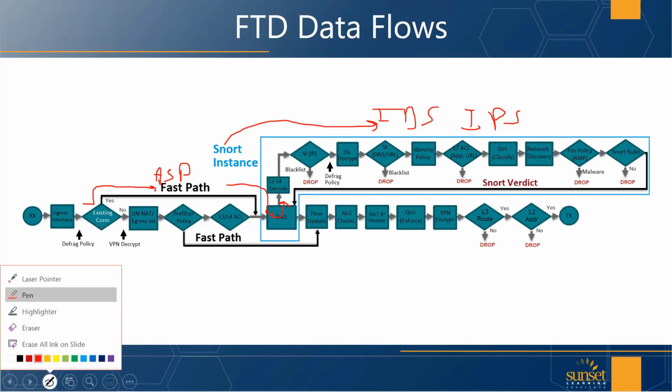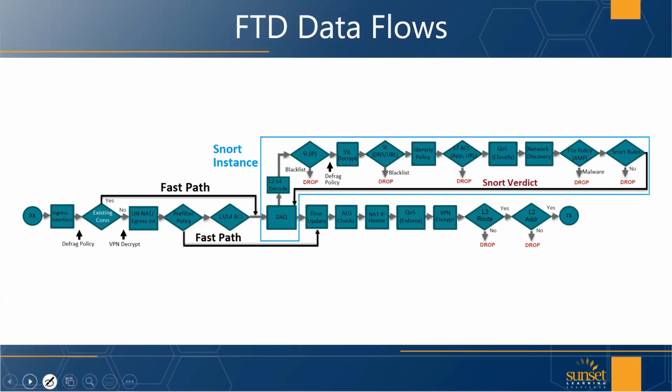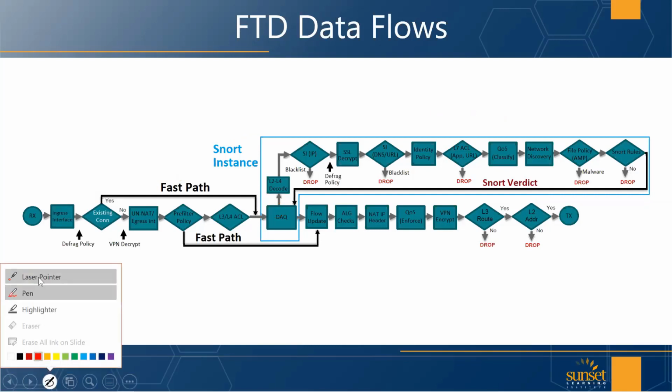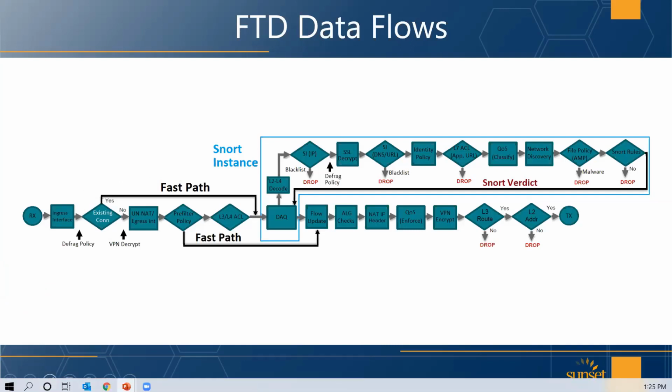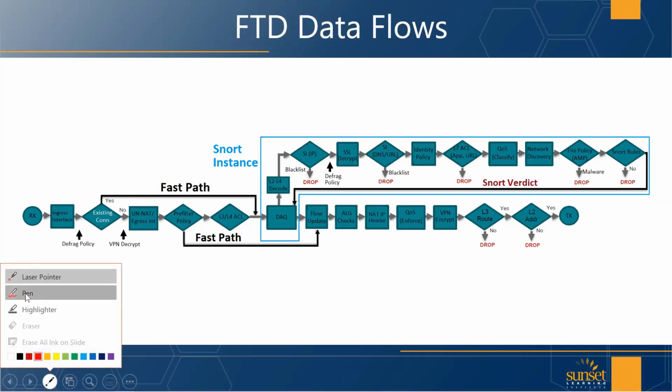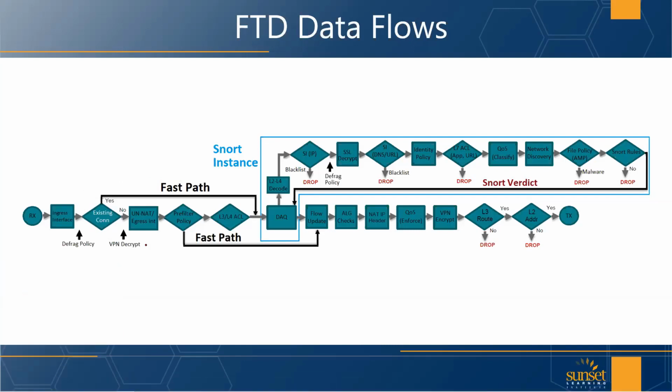Now, if we are fast pathing the traffic, what we do with fast path is we say it comes in the pre-filter, existing connection, no. Then maybe from a certain IP address, we say fast path. What the fast path here does is it actually bypasses SNORT completely, and it goes to the flow updater and out.